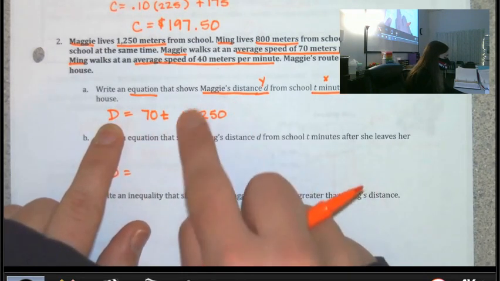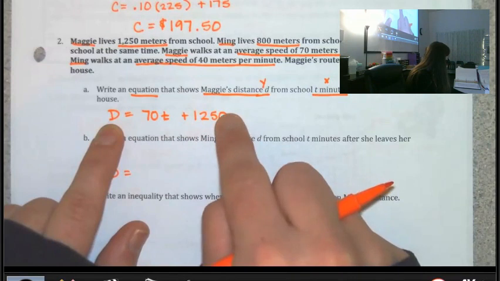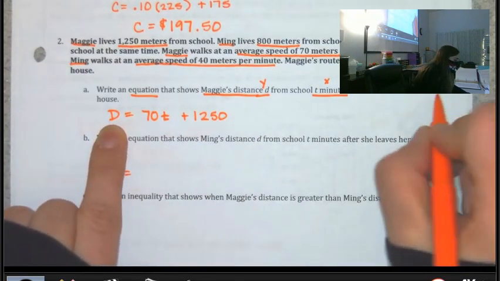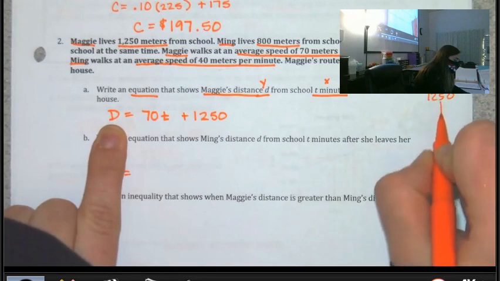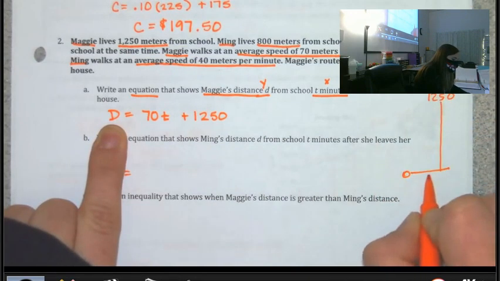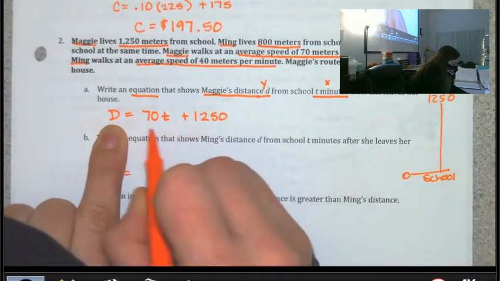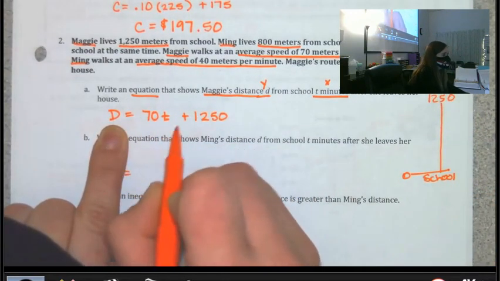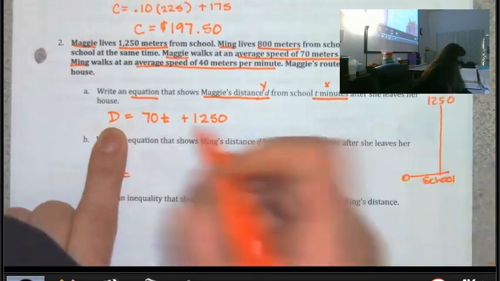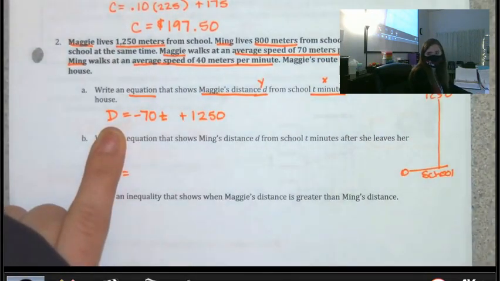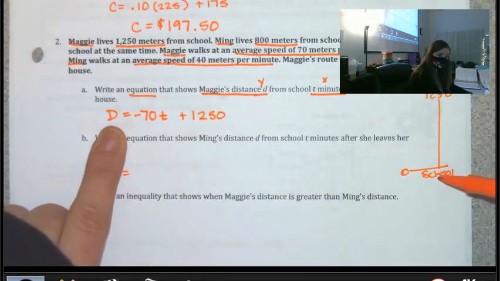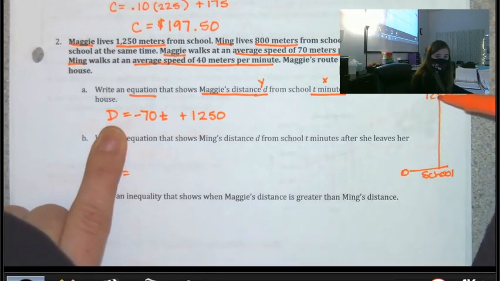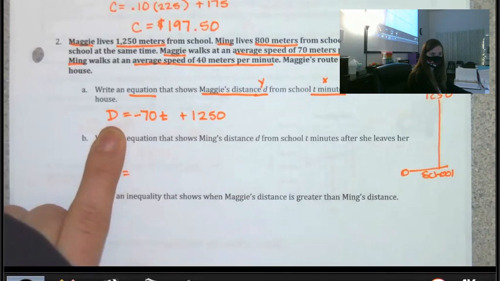If I'm starting at 1,250 and I want to get all the way to ground level at 0, to school, do I need to be adding the 70t or taking the 70t away? Taking it away, right? Because she walks 70 meters per minute. So that needs to be a negative. Because she wants to go from here to here. We don't need to add distance because if we add, we're going to go up here. We need to take away some distance to get down to school. All right?